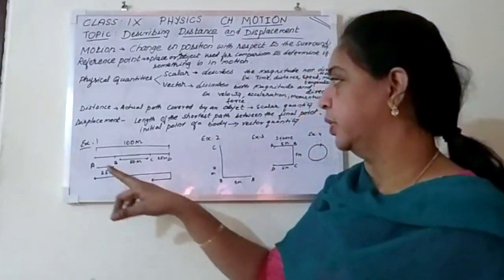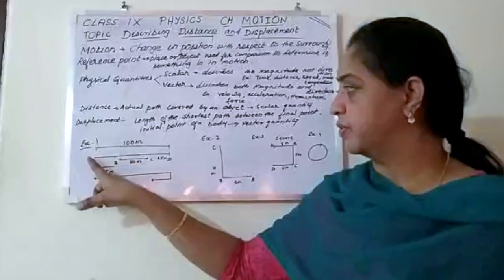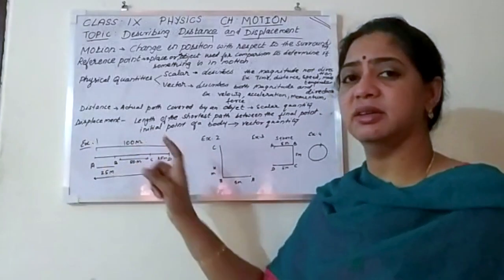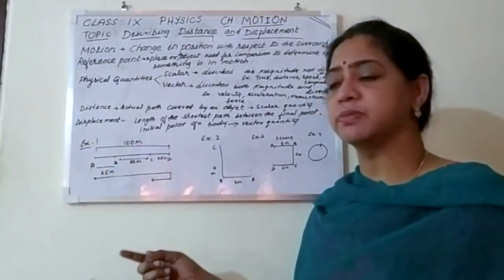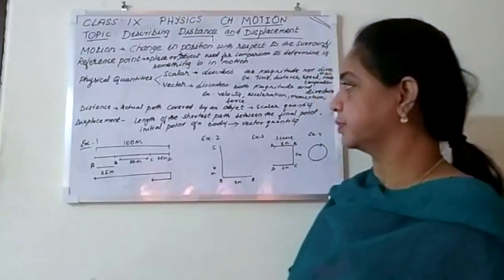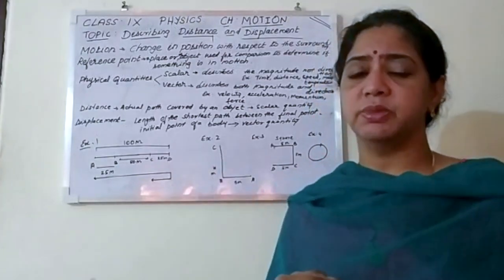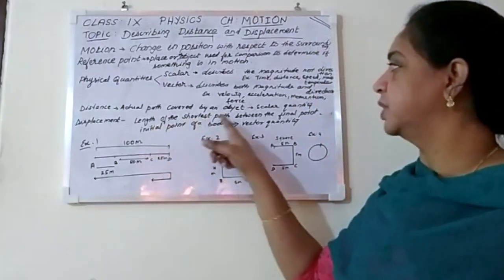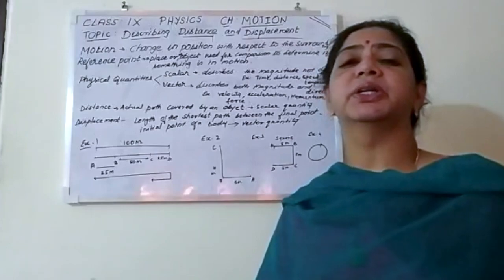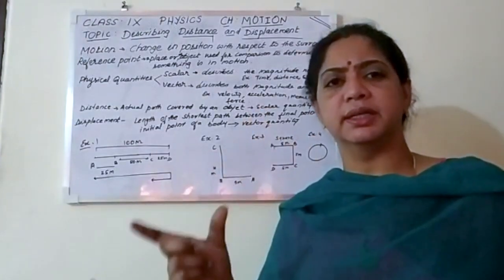For this example the distance and displacement are the same. From A to D, the distance covered is 100 meter, and the displacement is also 100 meter, right? So how to describe displacement? Displacement is the length of the shortest path between the final point and the initial point of a body. It is the shortest distance covered by the body.